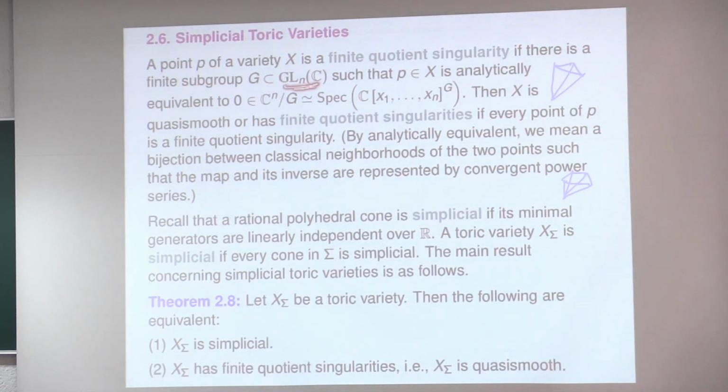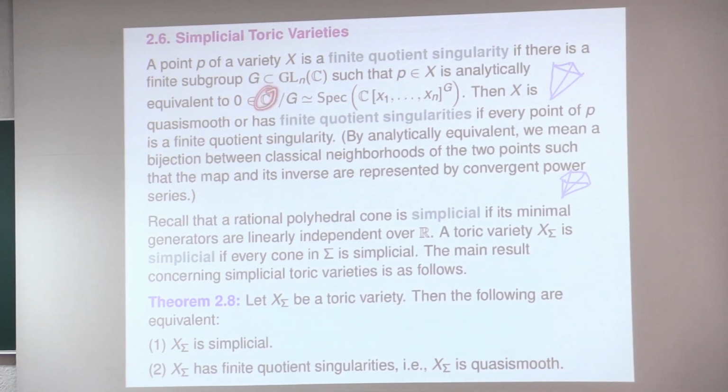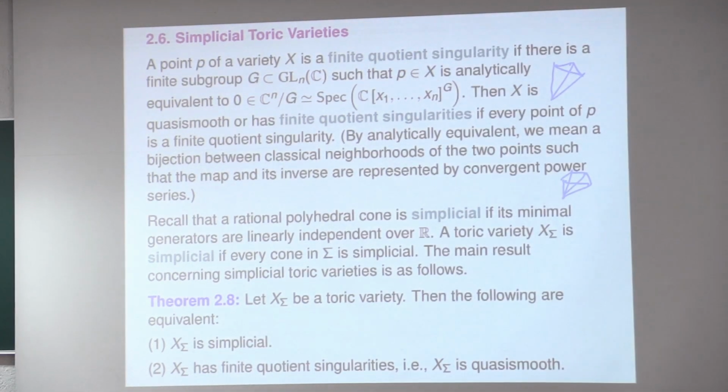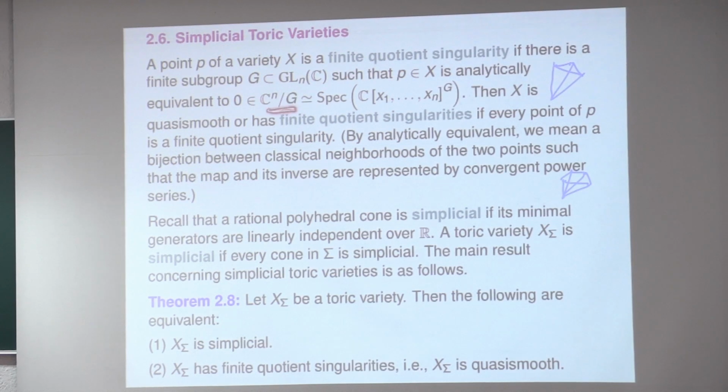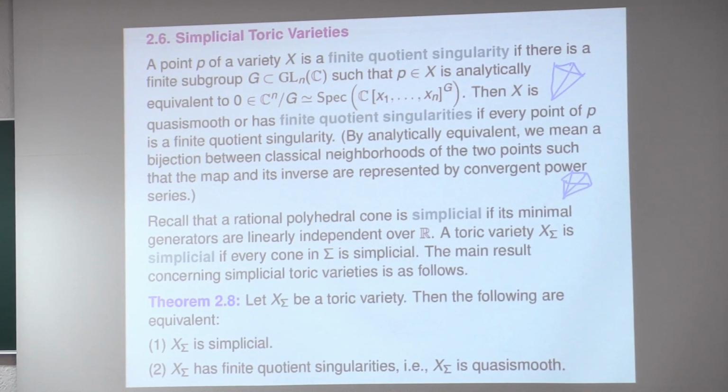We have a group of invertible matrices of the correct size to act on C^n. Since this is a finite group, this quotient exists as a variety. If you want, you just take the ring of invariants of the polynomial ring in n variables. It is well known that this is finitely generated. This is a domain. Then you can look at the corresponding affine variety. That one is this quotient.